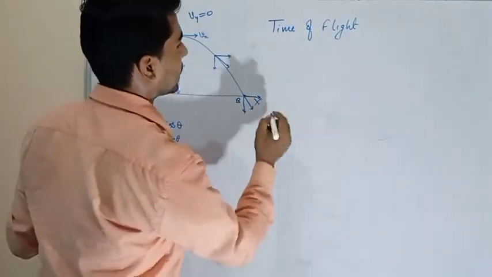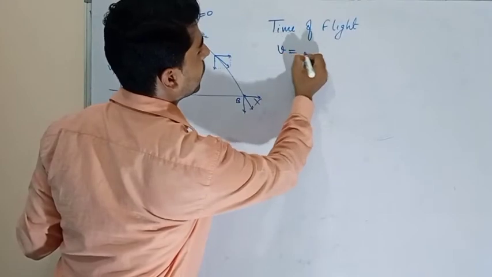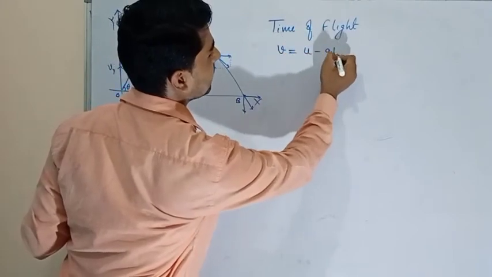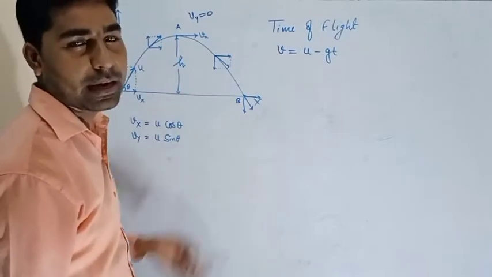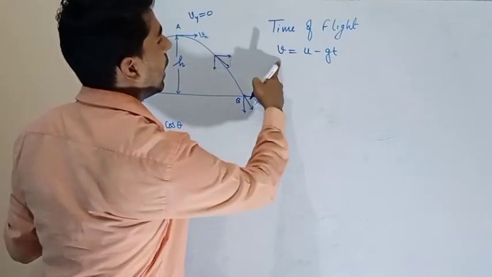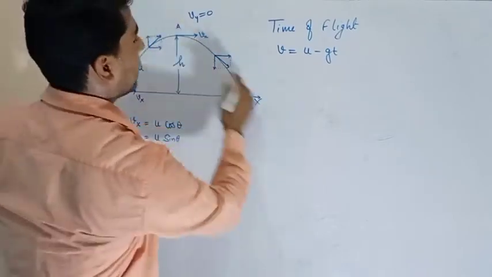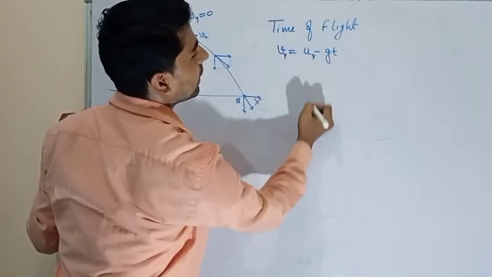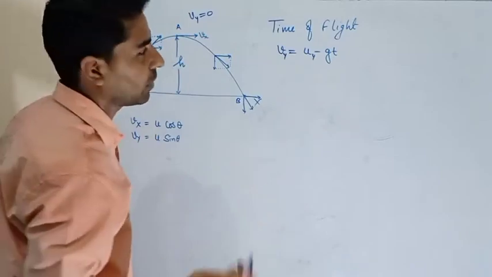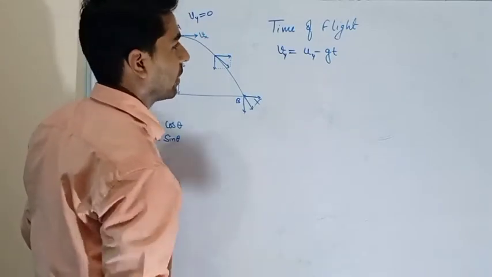So let's use the first equation of motion, that is v is equal to u minus gt. Why? Because the object is moving against gravity. So at this time when it goes up, uy and g will remain the same, because g is a constant everywhere.